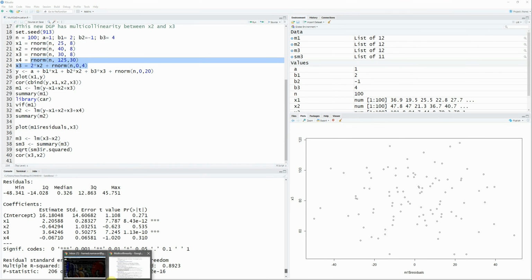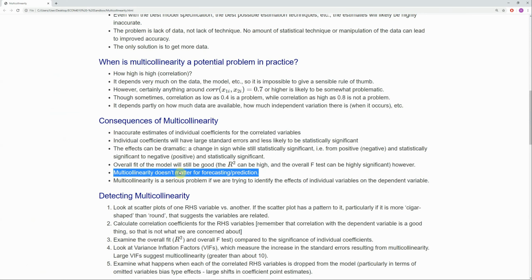That's why you need to remember that multicollinearity doesn't matter for forecasting and prediction. If you have a model with multicollinearity that gives you better forecasting errors, just use that if your goal is prediction. But if your goal is identifying the individual effects of variables on your left-hand side, then multicollinearity is a serious problem.